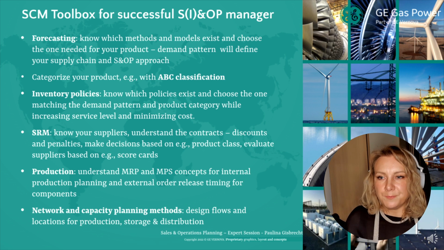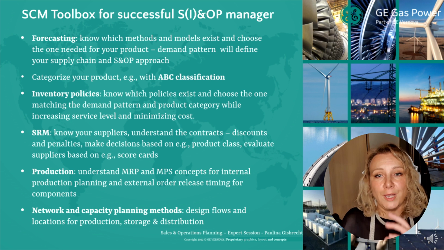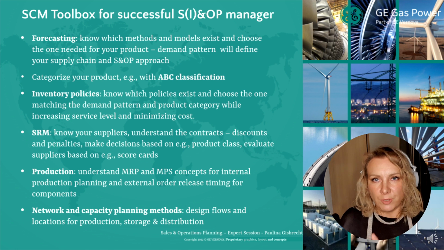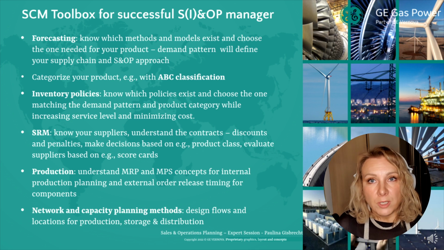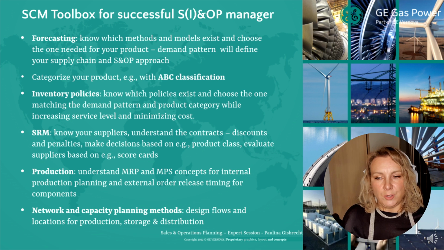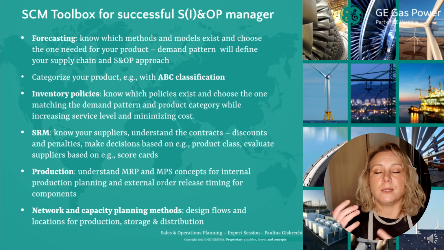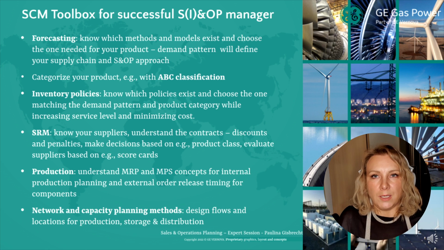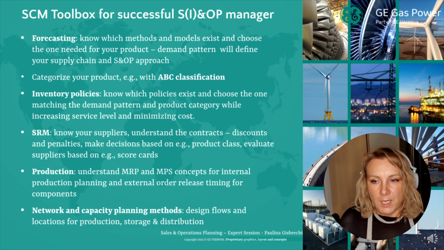Don't forget about it. The supplier relationship management is very important for A-class parts. So you need to have a good relationship to your supplier who could serve you urgently if you need it. You need to negotiate some penalties if the supplier is delayed, so you cannot just take it easily if the parts are not made on time, and so on.